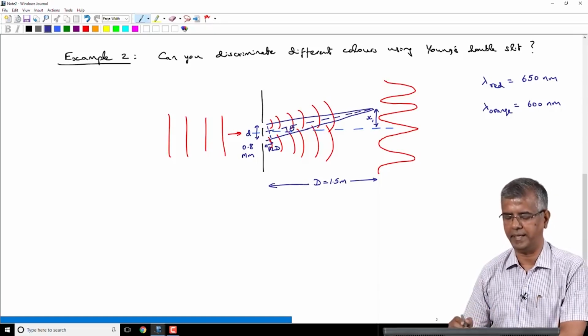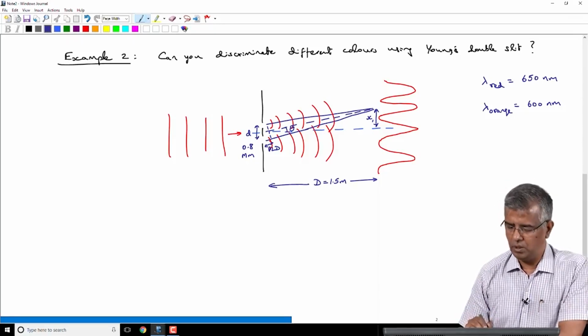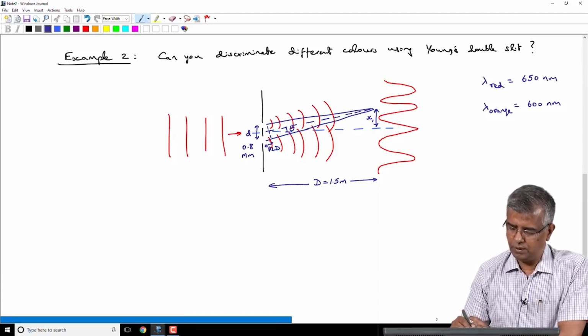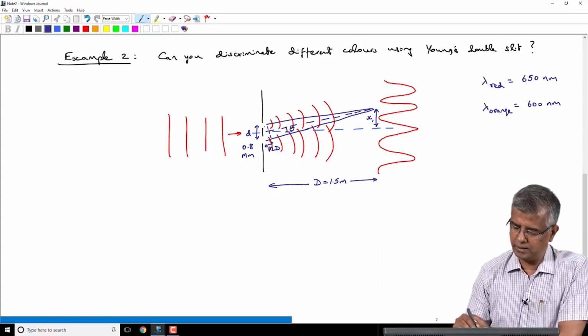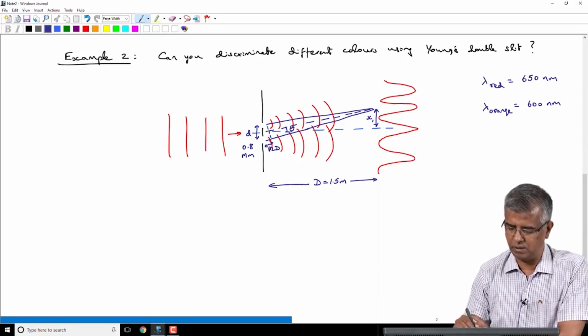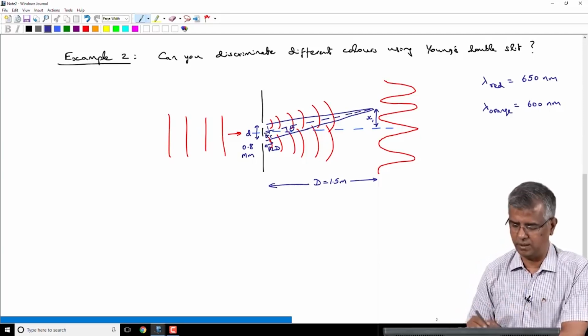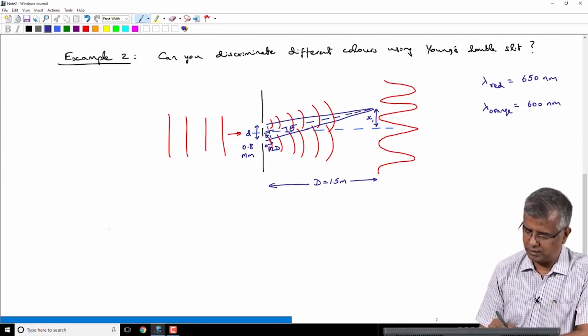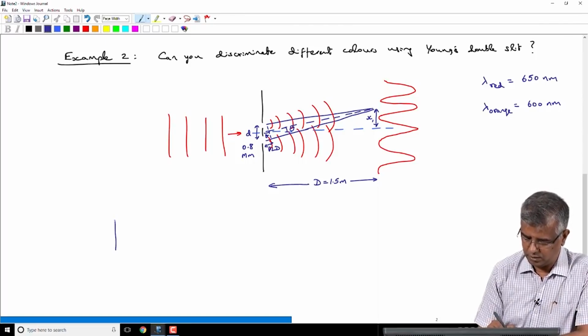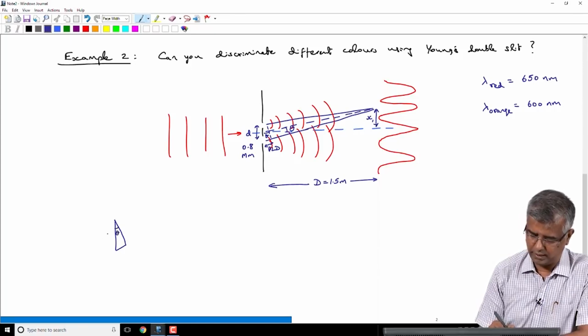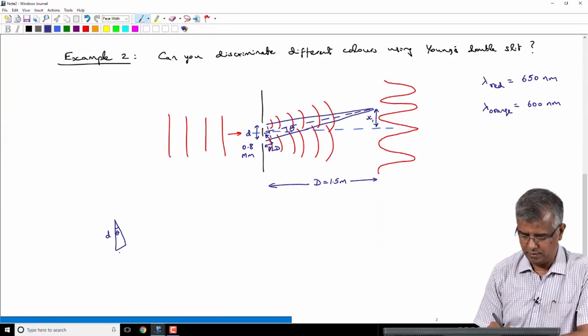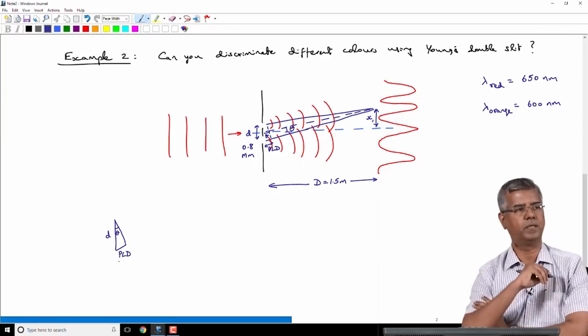Let me call that theta. Okay. So, if this is theta, then what I am doing over here is I am just changing the axis, because this is also a perpendicular. So, this angle would be theta as well. So, I will just draw that separately over here. This is theta, and this is d, and this is the path length difference that we want to find out.